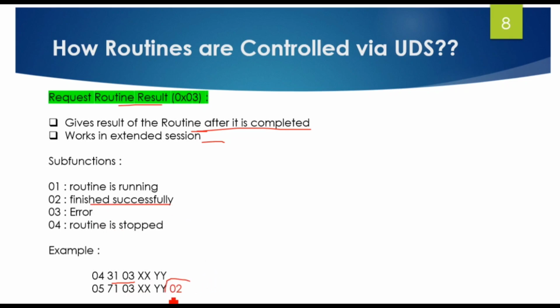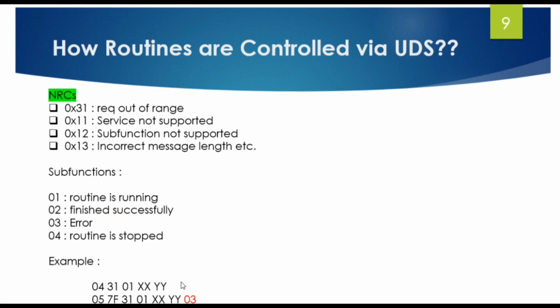And the last one is the negative responses. There are different types of negative response codes in routine control. 31 request out of range, 11 service not supported, 12 subfunction not supported, 13 incorrect message length, 72 general programming failure, 24 request sequence error, and 33 security access denied.